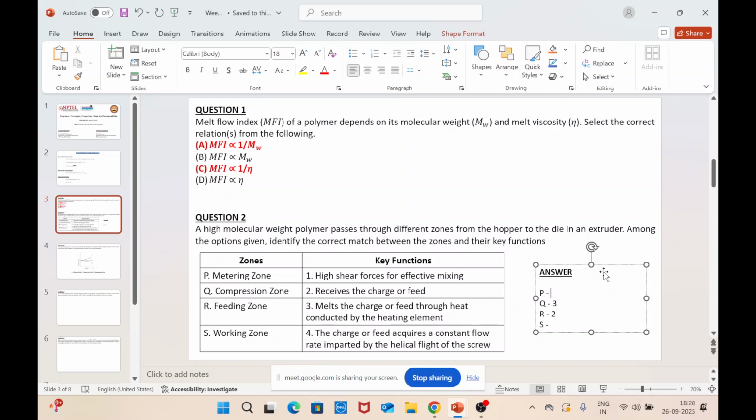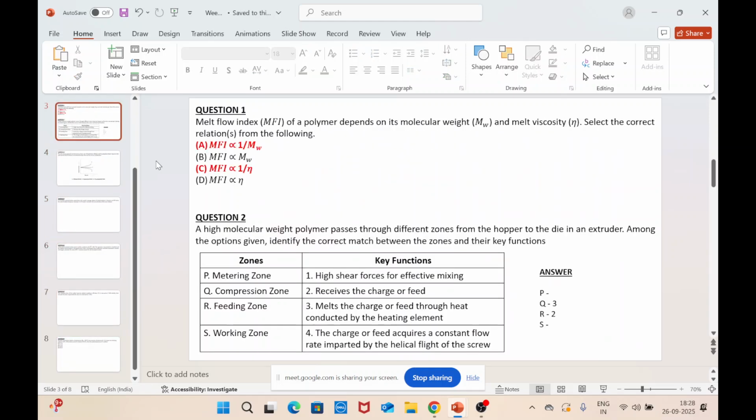Now what about the metering zone and working zone? Can this working zone be 1?